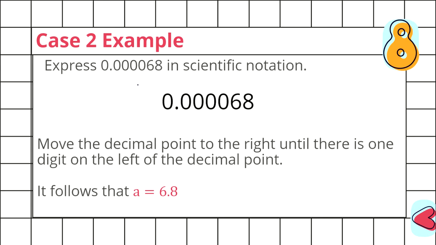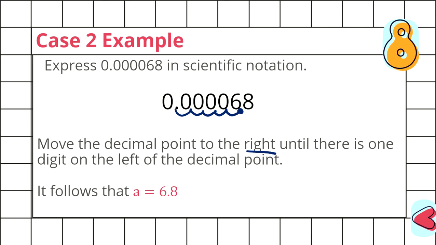For example, for case 2, if we express 0.000068 in scientific notation, this time, as you can see, the decimal point comes first before the non-zero. Therefore, we have to move to the right until there is one digit on the left of the decimal point. Moving to the right, 1, 2, 3, 4, 5, we already have the coefficient 6.8.